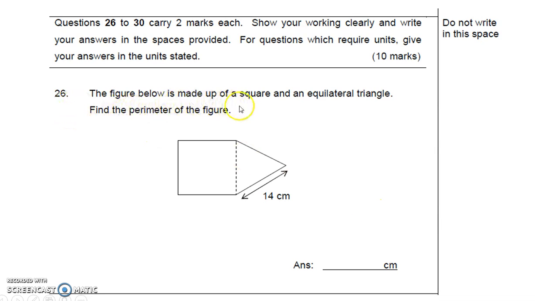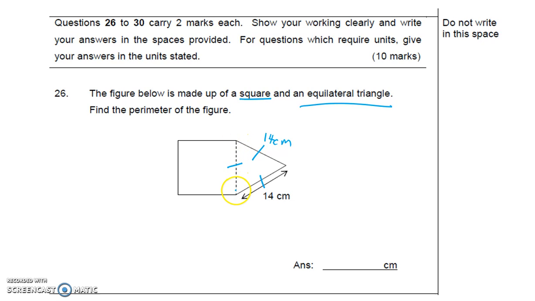Question 26. The figure below is made up of a square and an equilateral triangle. Find the perimeter of the figure. So we know this is a square, and then an equilateral triangle. So we know that this length is actually the same as this length and this length. Since I know this is 14, this is also 14, and I know this is also 14.